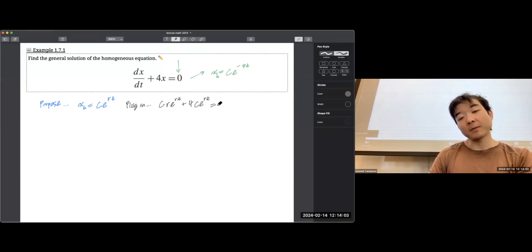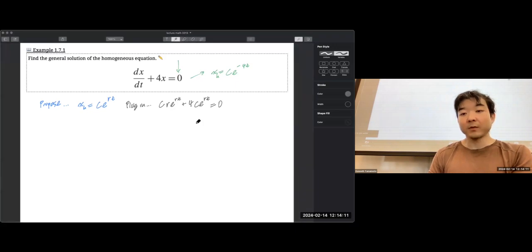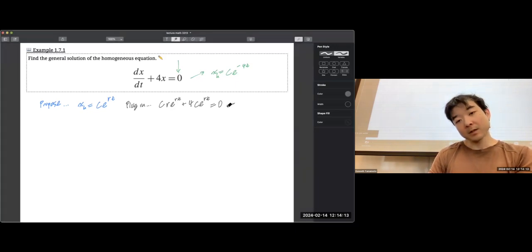And then the hope is that we can find c and r that will make this be true. I'm just trying to force this to be true. So you can factor out a c and an e to the rt. That's common between both of them. That leaves, in the first term, just an r. And then the second term will leave a 4. And this will have to equal 0.